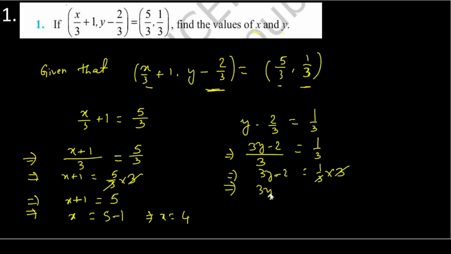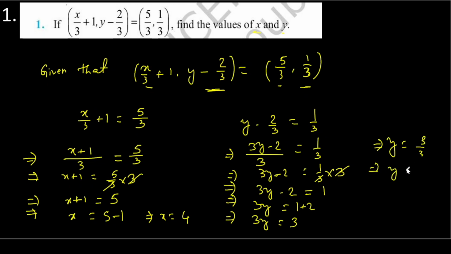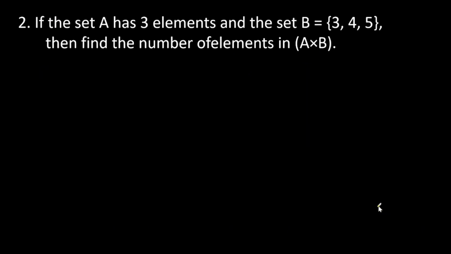So 3y − 2 = 1, and 3y = 1 + 2, that is 3y = 3, that is y = 3/3, y = 1. So we got the values x = 4 and y = 1. We will move to the next question.